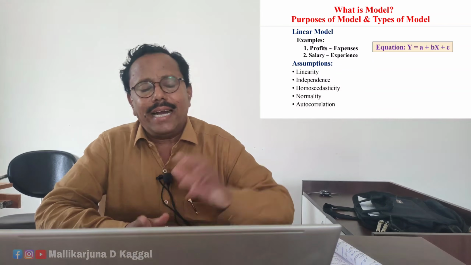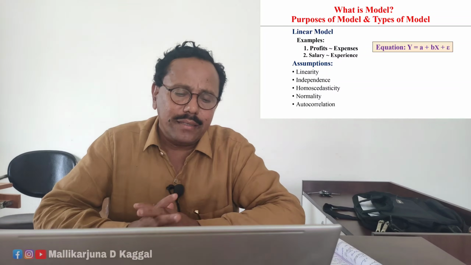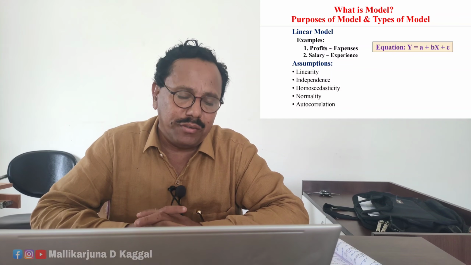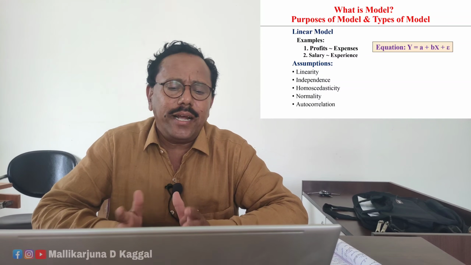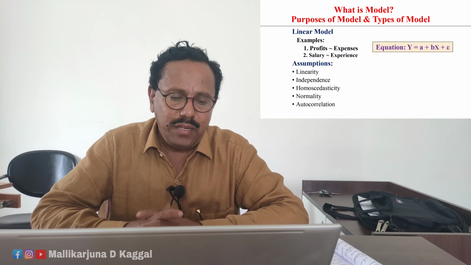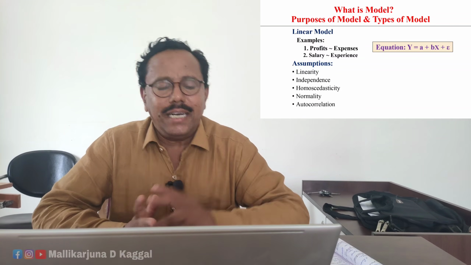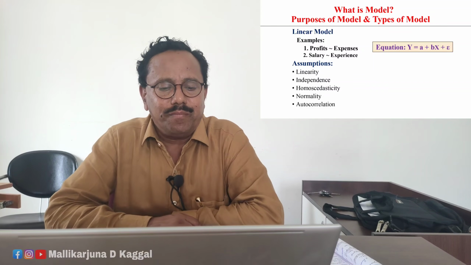You are taking randomly from one group one observation, from another group another observation. Like that you are taking each observation independently, so they are not dependent on each other. This is a must. If they are dependent, there is a problem of collinearity. That I will explain later.